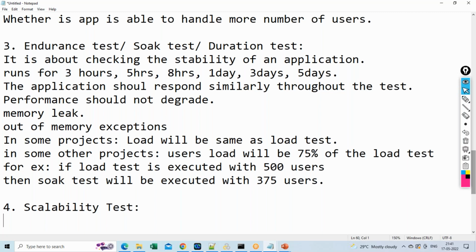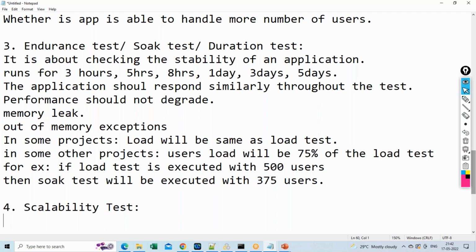For example, the client says, today the number of users we have in production is, let's say, 500. Additionally, the client might say that in future the number of users might increase from 500 to 750.